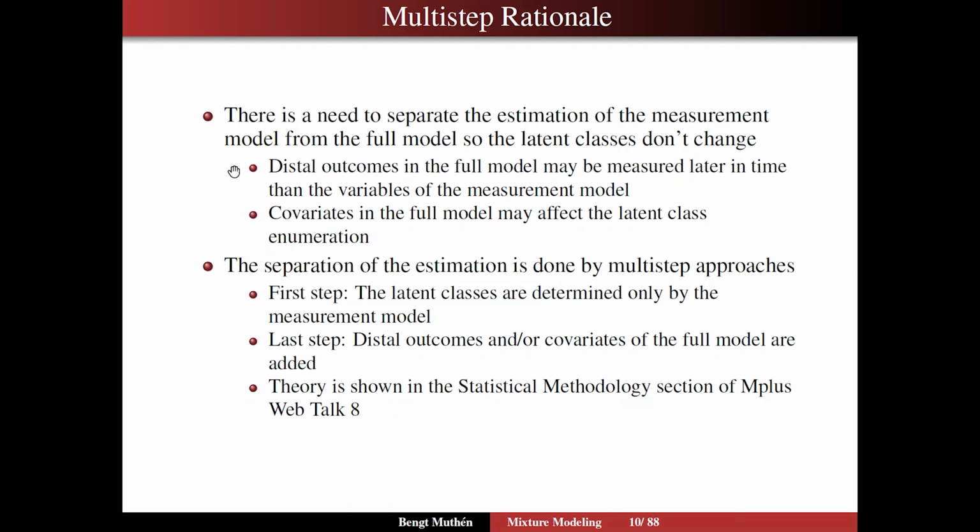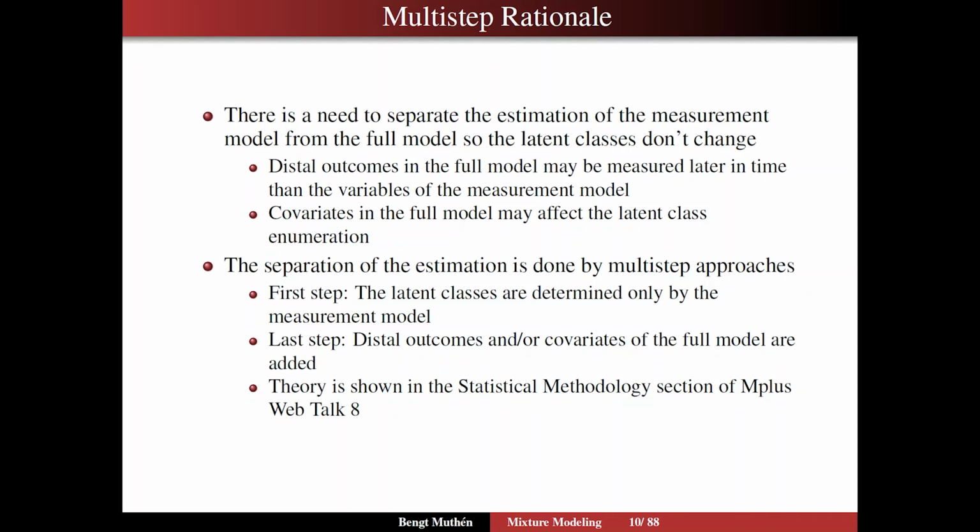Distal outcomes in the full model, that is adding the y's after time point 2 in this case, may be measured later in time than the variables of the measurement model. And you want to predict from a measurement model using the information you have at that time point. And the covariates in the full model may also affect the latent class enumeration. And if you go back and forth between different sets of covariates, you would have to, in principle, redo the latent class enumeration.